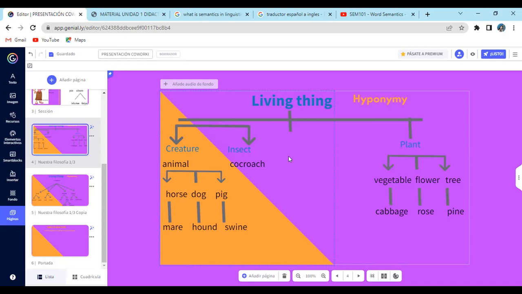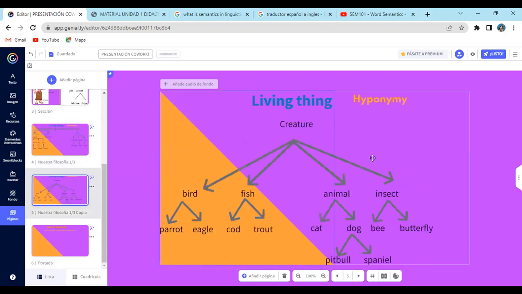I know that sometimes we get confused, but the phrase is the same, living thing, in the first example and in the second example. I know, but I said that in the second example there is a difference. As you can see, there is a difference.